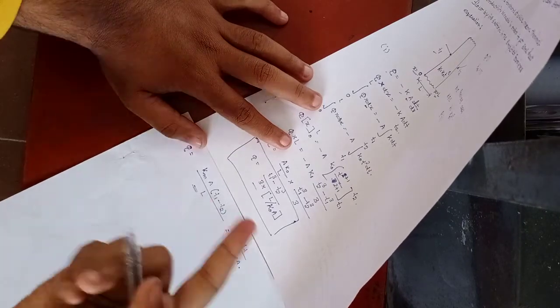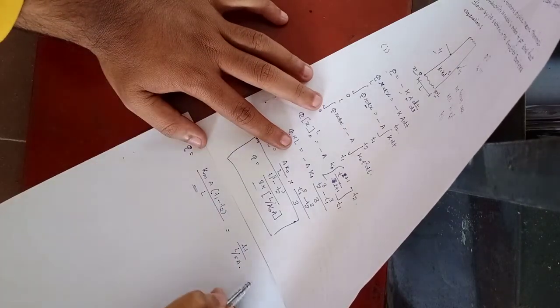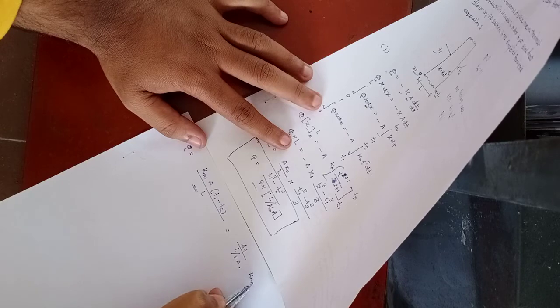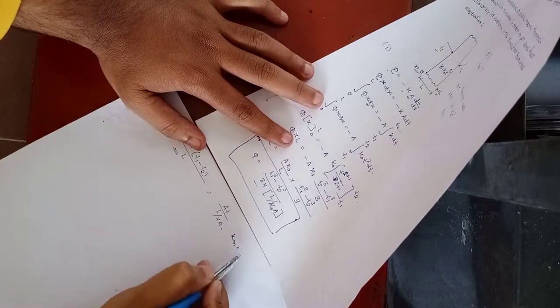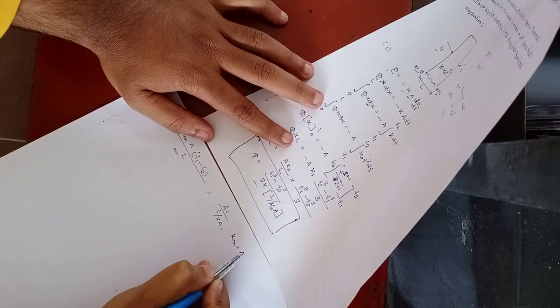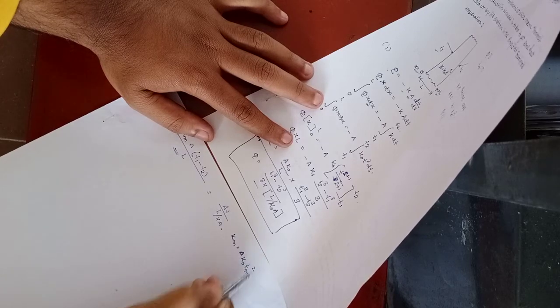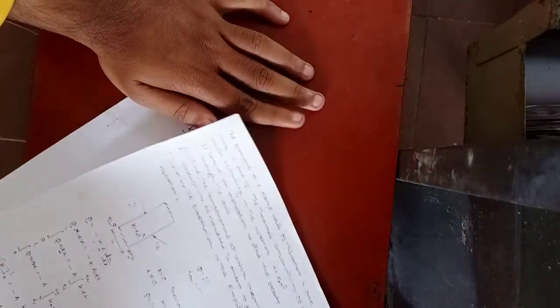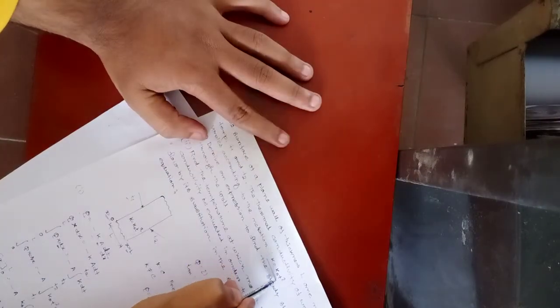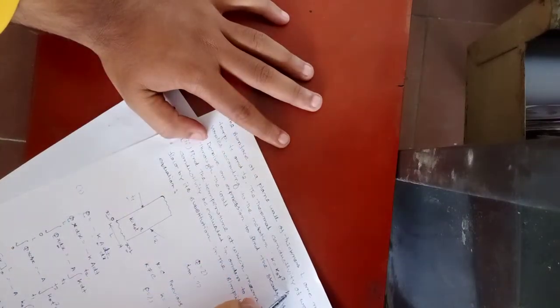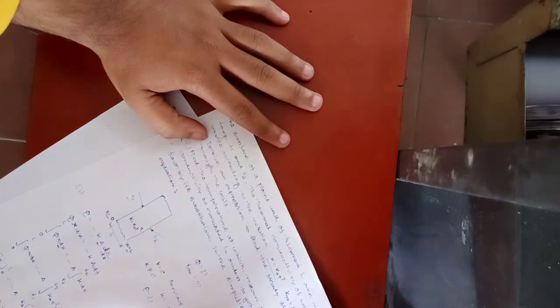Now what is Km? Km is nothing but K0 into Tm square, as per the condition that is provided.